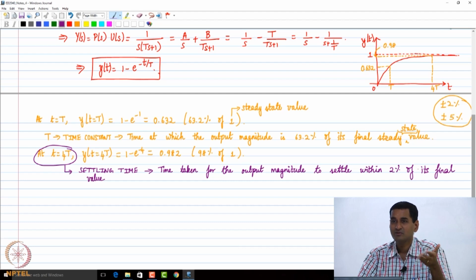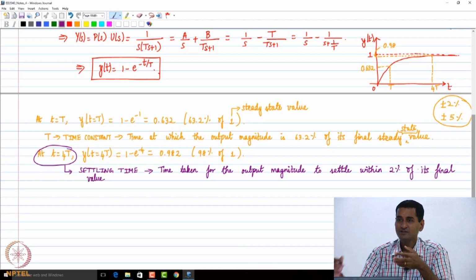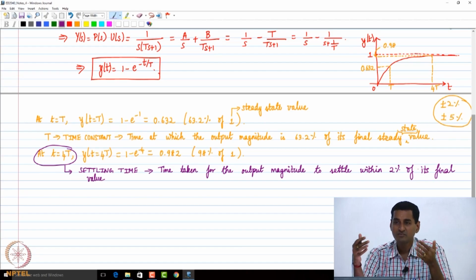When someone wants to talk about the speed of response of a system, whether it's an actuator or a sensor and so on, it is implicit that they are visualizing that system as a stable first order LTI system, because that's where this parameter makes sense.